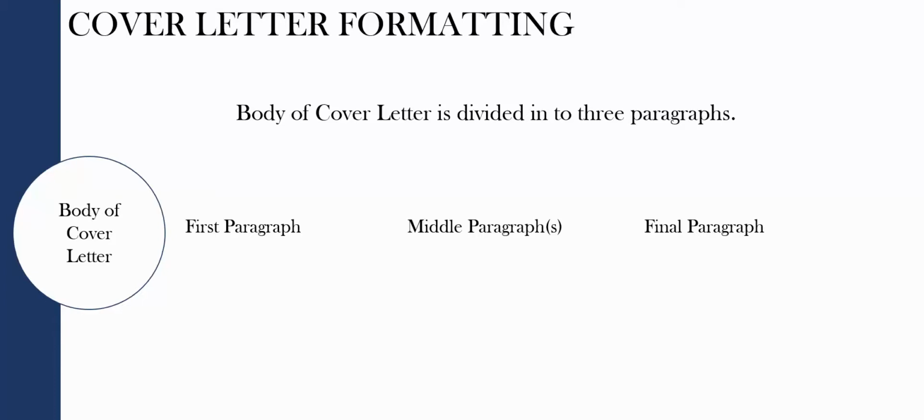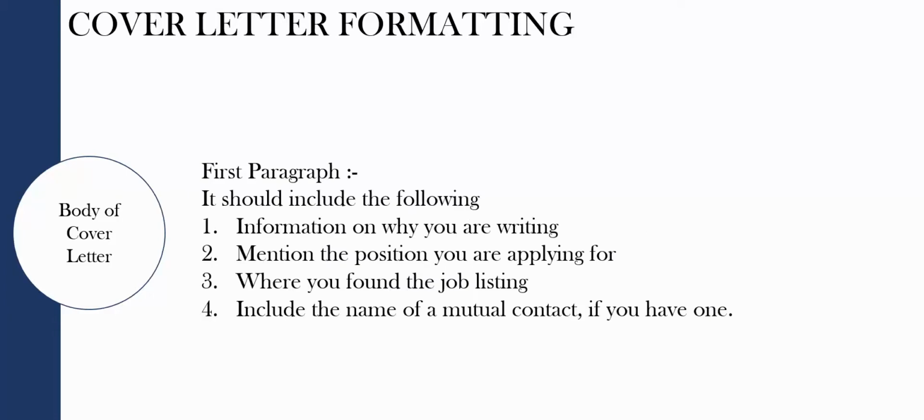Now, let us look at the first paragraph. What should we include in the first paragraph? We should include information on why you are writing. You should inform why you are writing this cover letter. You should mention the position you are applying for. You should also mention where you found the job listing, where you got the information about this job.